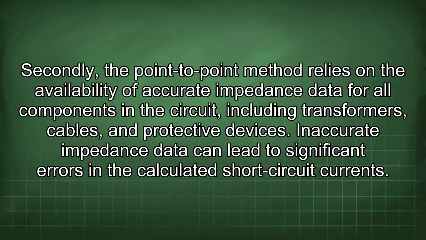Secondly, the method relies on the availability of accurate impedance data for all components in the circuit, including transformers, cables, and protective devices. Inaccurate impedance data can lead to significant errors in the calculated short-circuit currents.